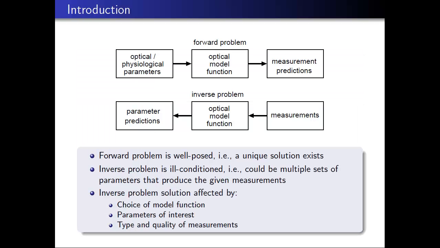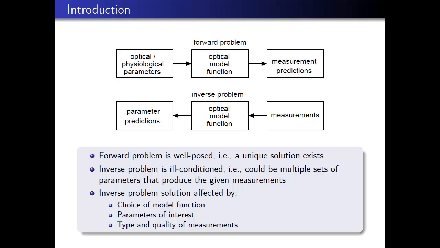So you saw this picture from Jerry earlier in which we have this forward problem. We have some optical or physiological parameters that we are interested in, and we have some sort of model. And using that model, we get a measurement prediction. This is the forward model. And this is very well posed. A unique solution exists.